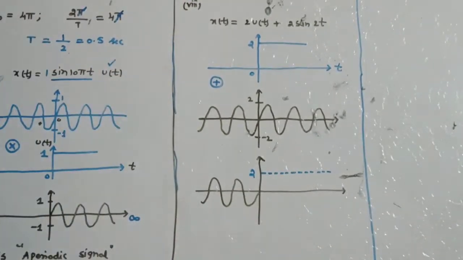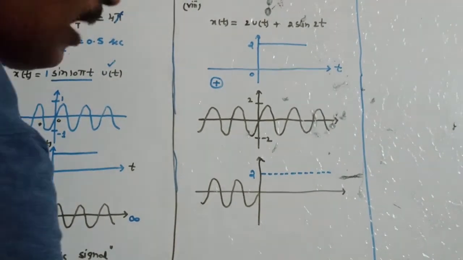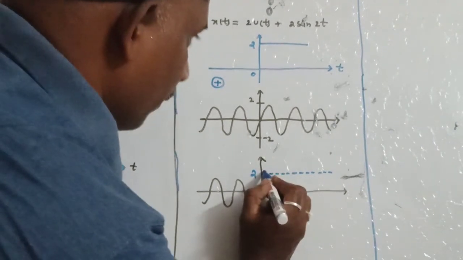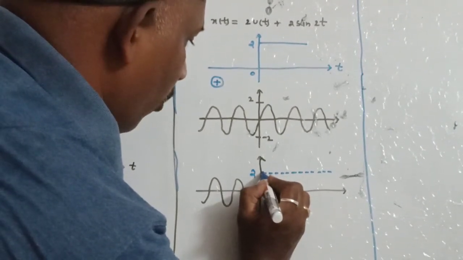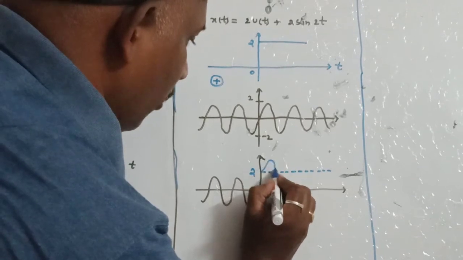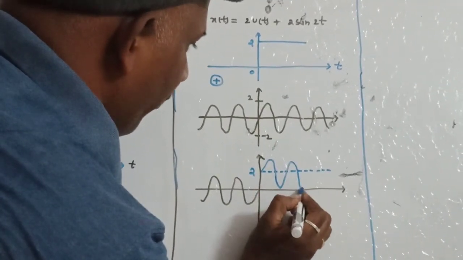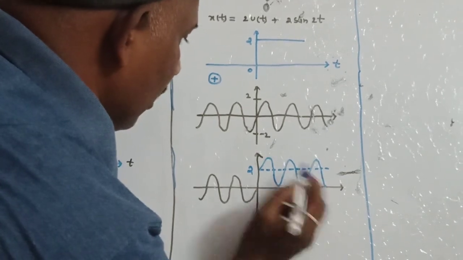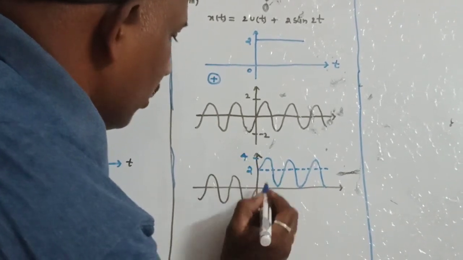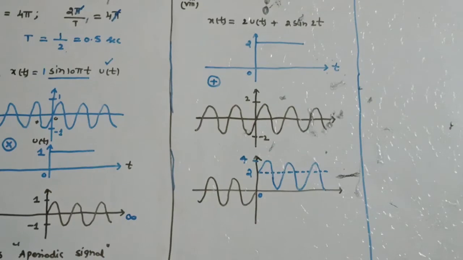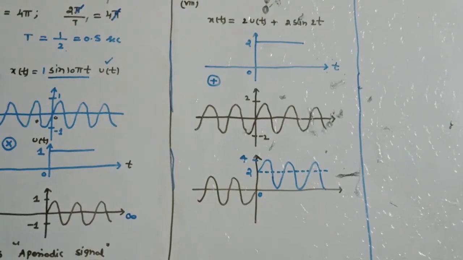So 2 plus 2 will become 4, and 2 minus 2 will become 0. I am drawing an approximate graph, remember that. This positive peak is 4, and the negative peak will come out to 0 because of the addition of plus 2 on the right side.